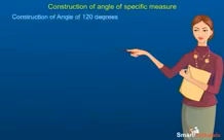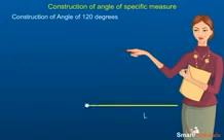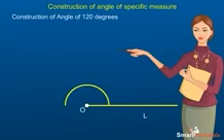2. 120 degree. Step 1. Draw a line L of any measure. Step 2. Mark a point O on it. Step 3. With O as center, draw a semicircle of any radius. Let the semicircle cut the line at A. Step 4.